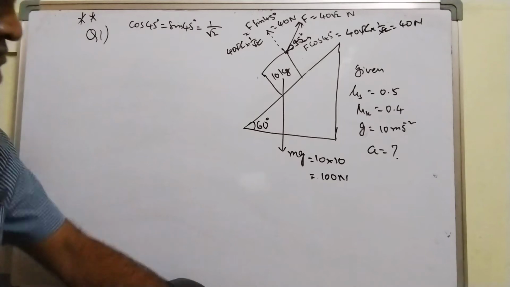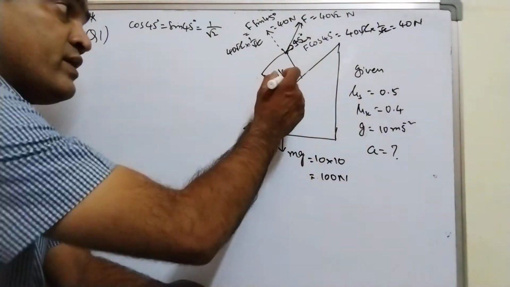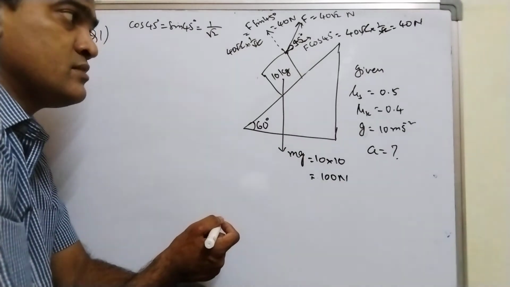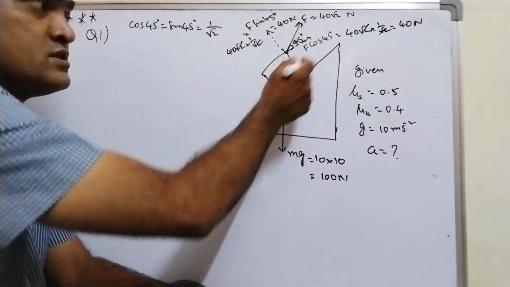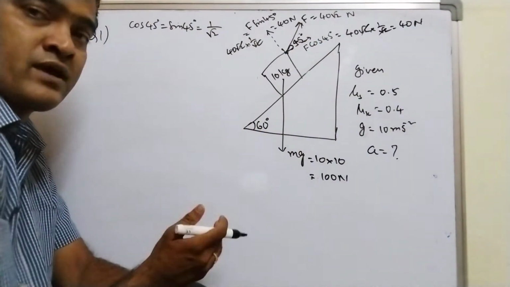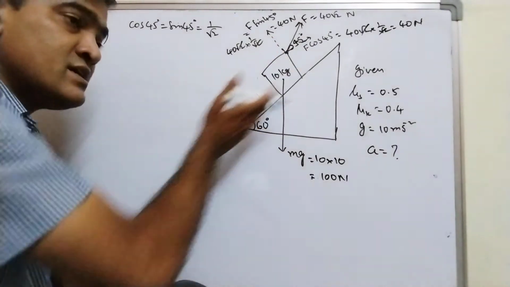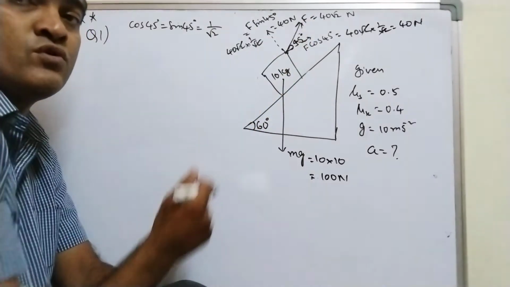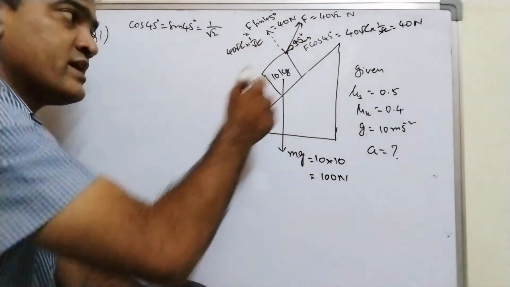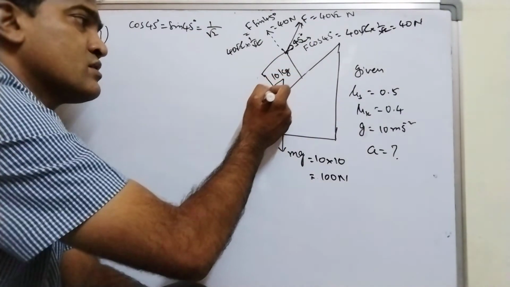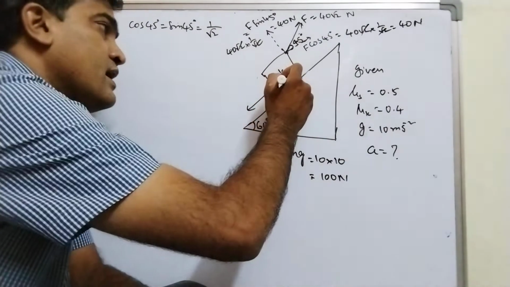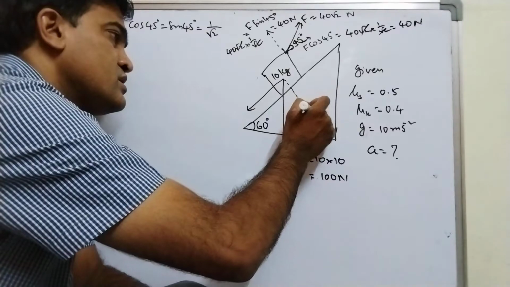Now weight is resolved into two rectangular components, because as it is on the inclined plane, the block has a tendency to slide down the plane always, even when you are applying a force. So it has one component of weight along the inclined plane downwards, and the other one perpendicular to the plane.